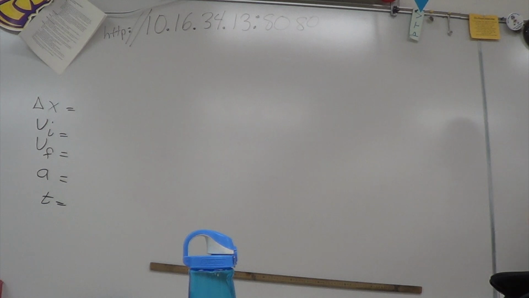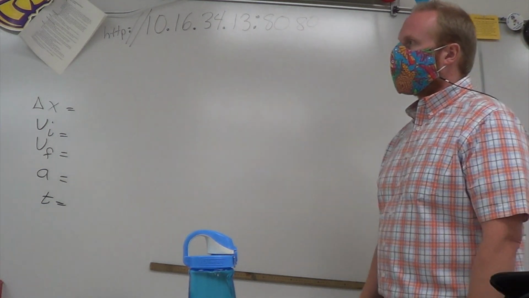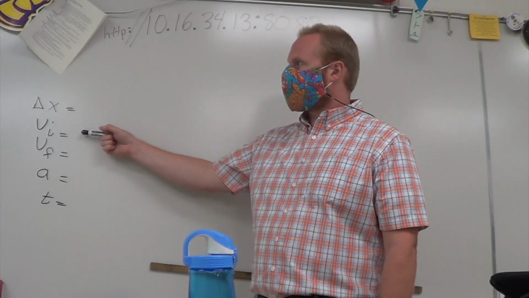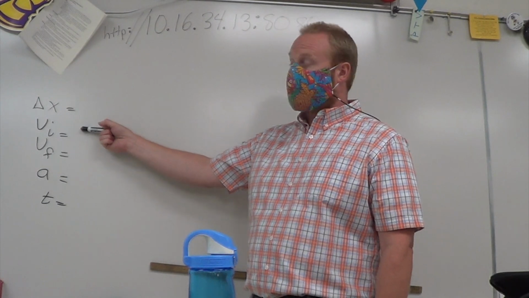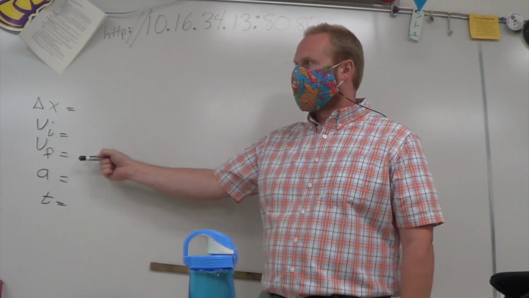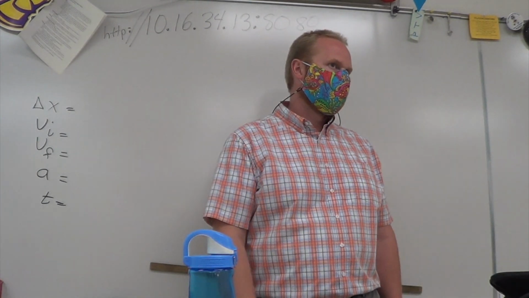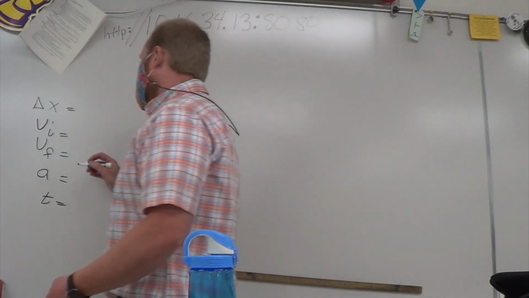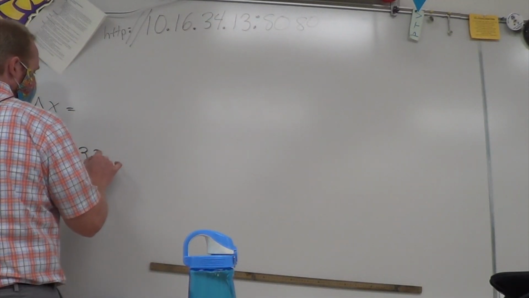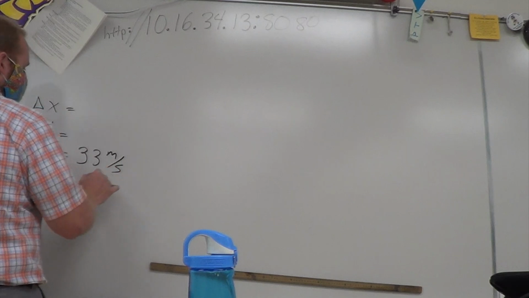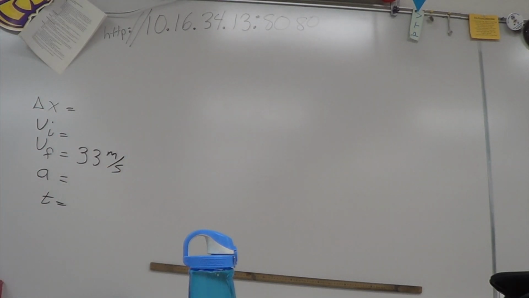Now, if we're talking about the plane going down the runway, is that meters per second, is that velocity how fast they're going at the start of the runway initially, or at the end of the runway, their final velocity? Their final velocity, right? So their final velocity is that 33 meters per second. That's their final velocity at the end of the runway. That's how fast they gotta go in order to start flying.